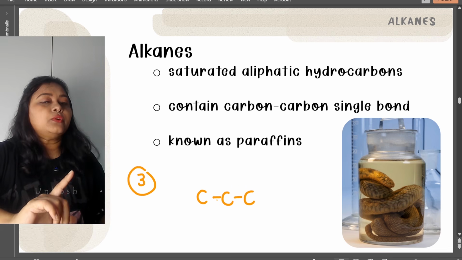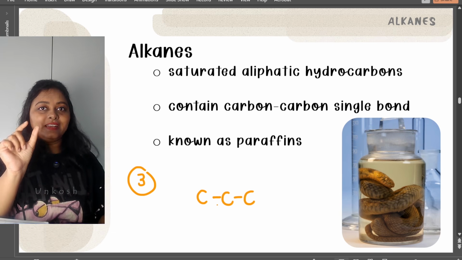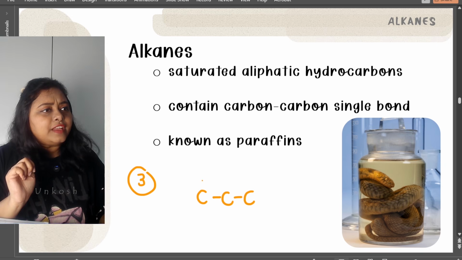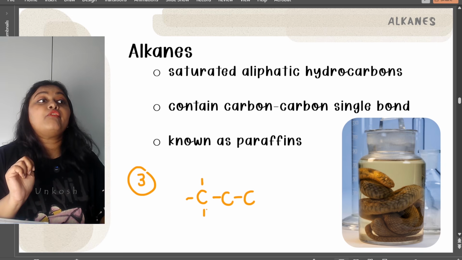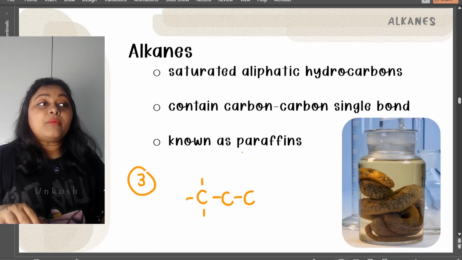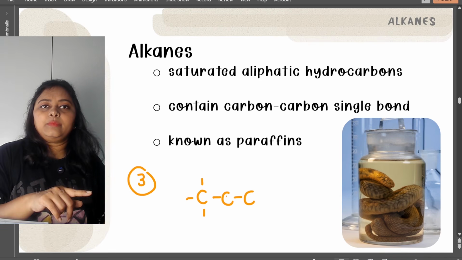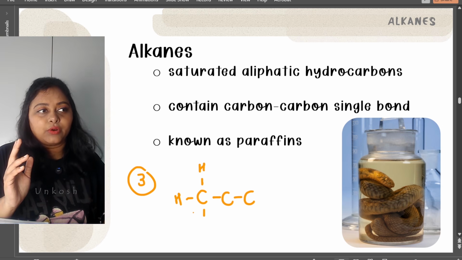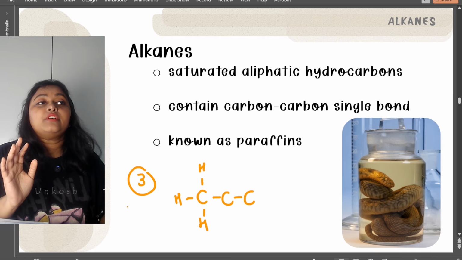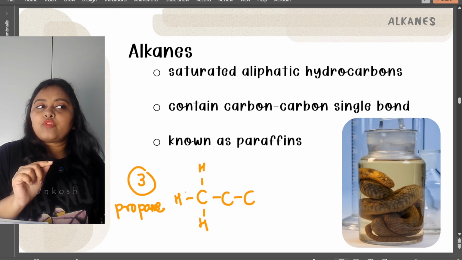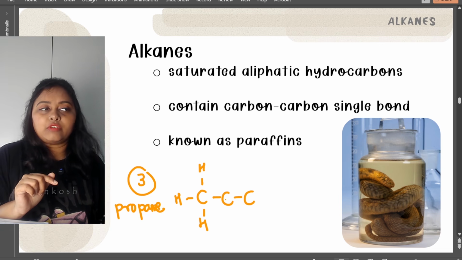However, we also know that a carbon atom as an individual is tetravalent in nature. So every carbon is going to need to form 4 bonds with some or the other atom around it. Because it is forming one bond with the second carbon, what about the rest of the 3 bonds? It is going to form those bonds with hydrogen. Let me say this carbon forms 3 bonds with hydrogen and 1 bond with carbon.